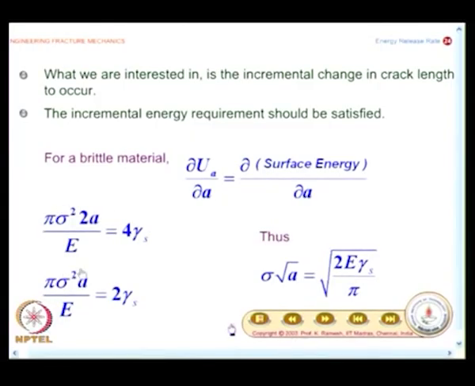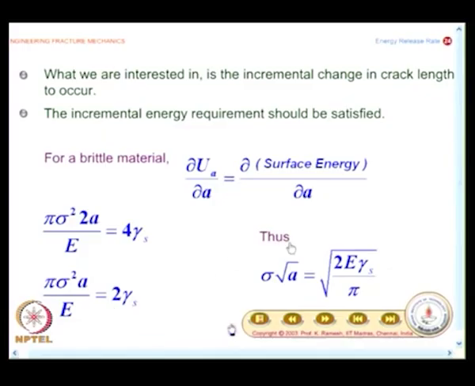The caution is, do not do it like this, do it like this. Even in the definition of energy release rate, we will bring in the energy per crack tip, that is very important. So, we get the final expression as pi sigma squared A divided by E equal to 2 gamma s.